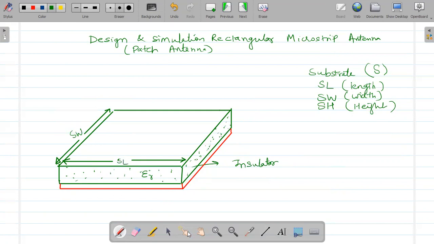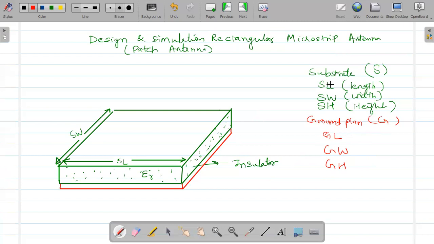The ground plane which we have, we will denote as the G plane. G is the subscript we are going to use: GL the ground plane length, GW ground plane width, and GH is the ground plane height.